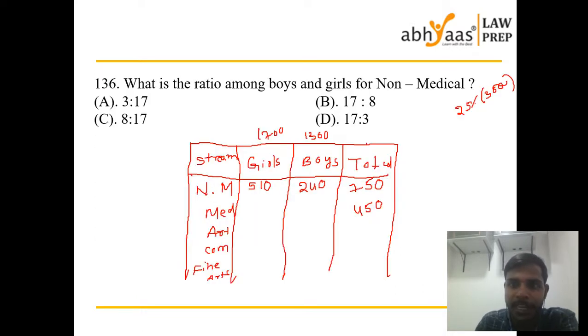So we have to find 18% of 1700. 18 tens are 180, 18 sevens are 126. So which will be 306. The number of girls enrolled in medical is 306, and the number of boys enrolled in medical is 450 minus this 306, which is 144.